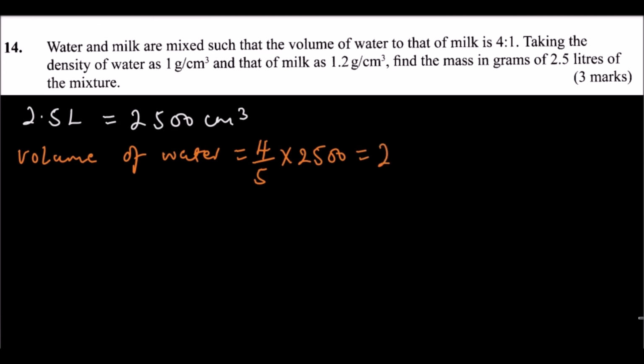Now, because the ratio of water to milk is 4:1, the volume of water is 4 parts out of 5 multiplied by 2500 centimeter cube. You can use your calculator, and that gives 2000 centimeter cube.